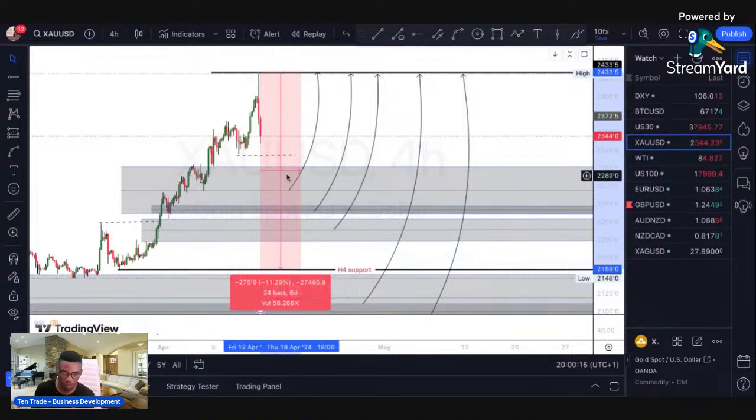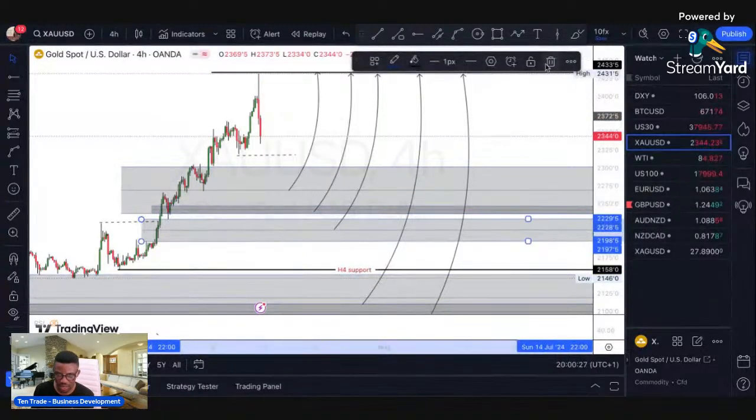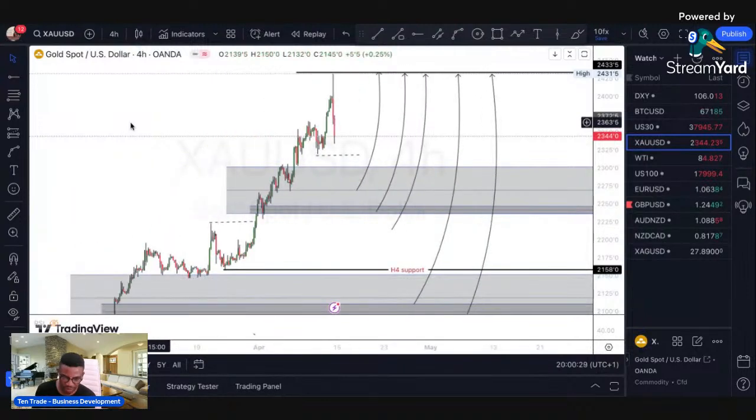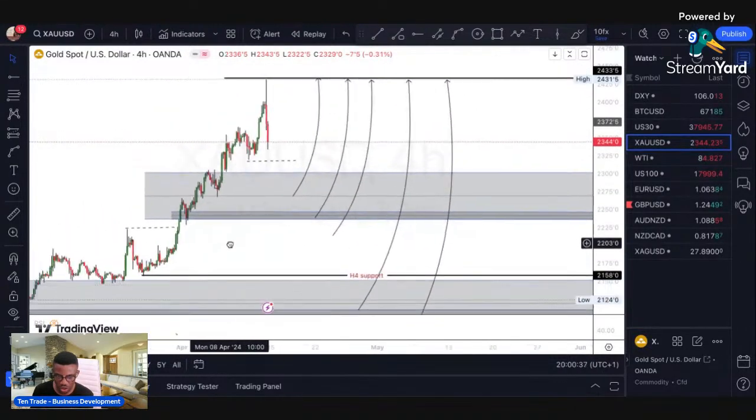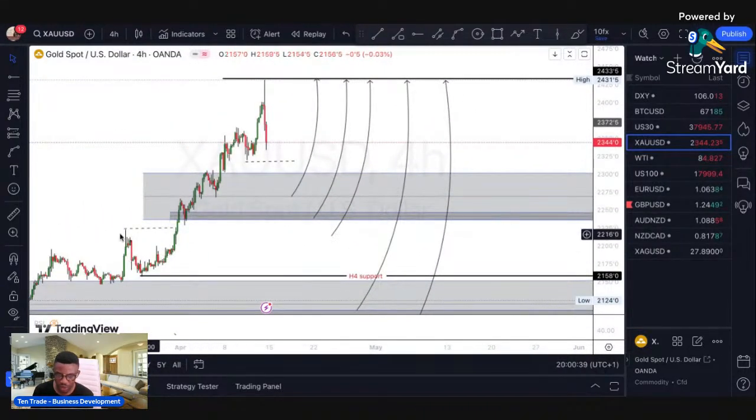There's no 4, because a break of this H4 support is tantamount to a change of character. So you should be scared of buying after that level, because that's the last structure that was broken. That looks like a major structure. All of these ones are just minor internal structures to the upside.